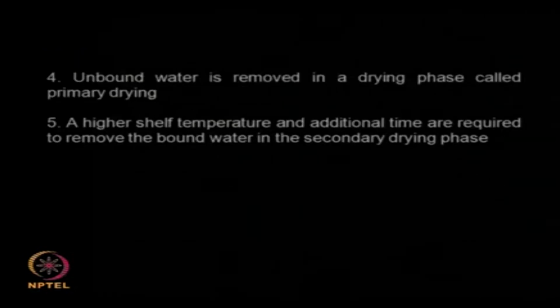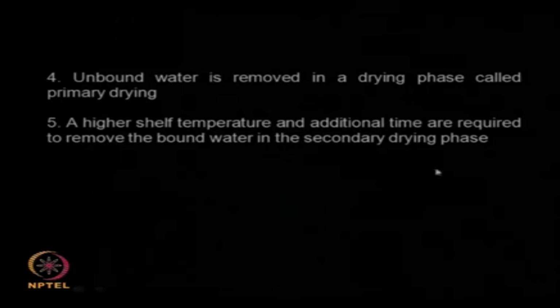Okay. So by doing this we are removing all the unbound water, and that is called the primary drying. Later on we need to remove the bound water, so what do we do? We slightly raise the temperature and keep the pressure down. By doing this we are removing the bound water, that is called the secondary drying phase.